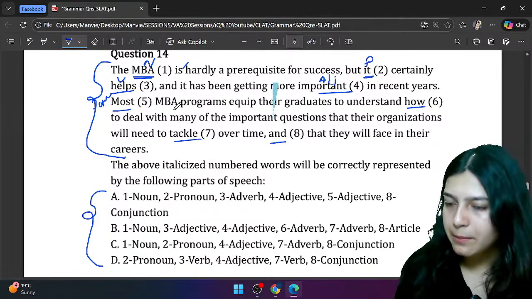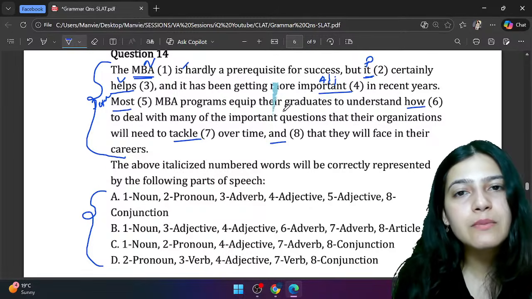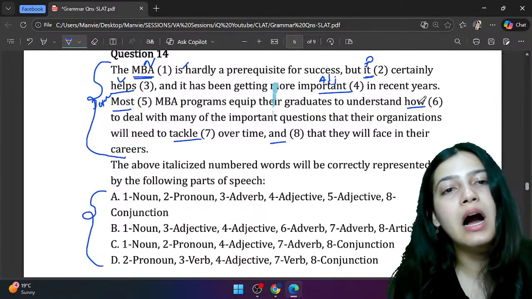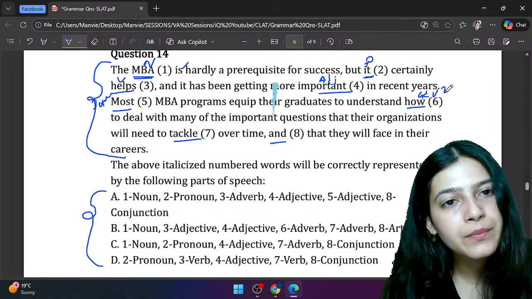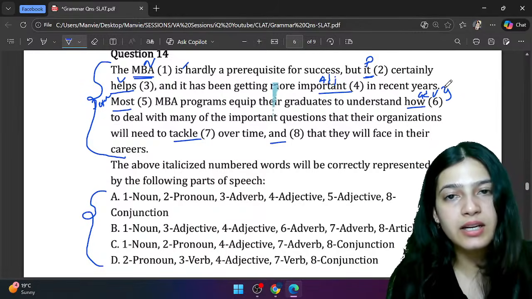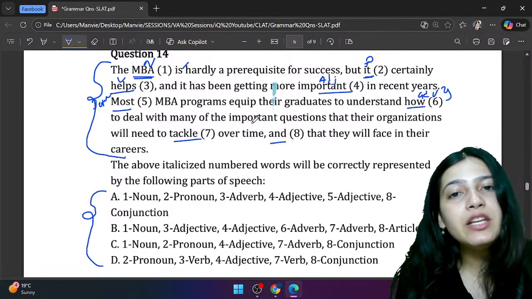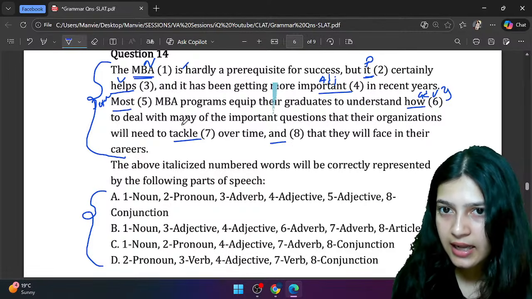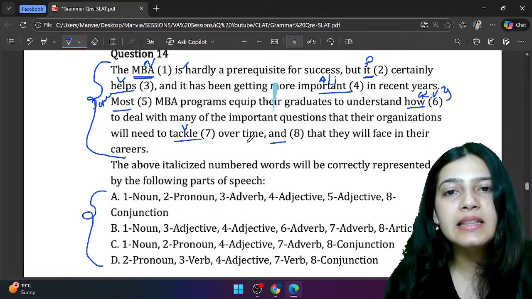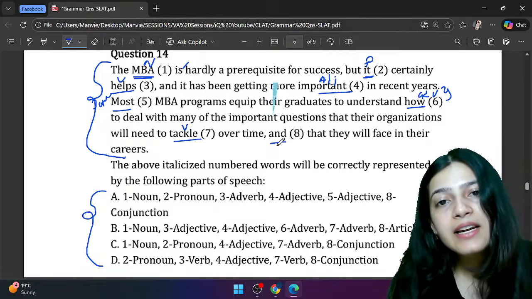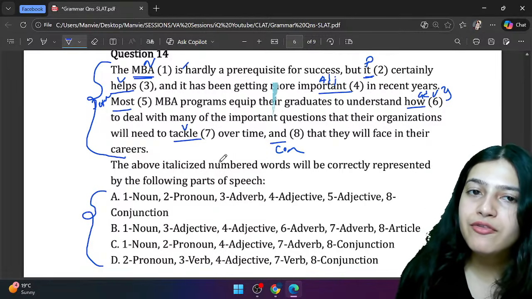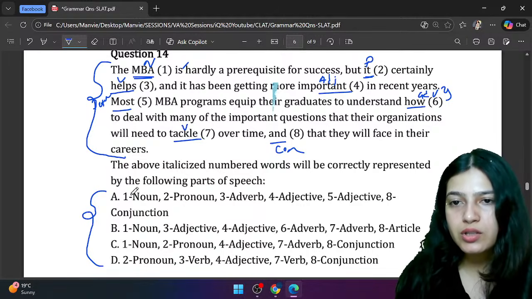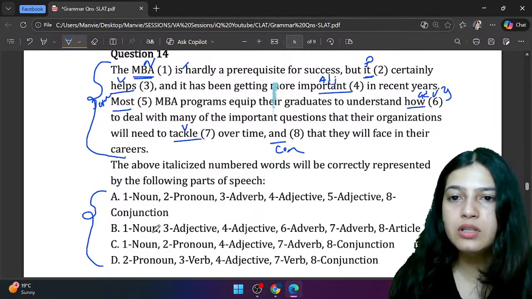Most MBA programs equip their graduates to understand how, which is basically an adverb, that how will you do that, I'll do that like that, to deal with many of the important questions that their organization will need to tackle, which is a verb again, and then over time and is a conjunction, that they will face in their career. So now we need to look at the options. One says noun, okay.